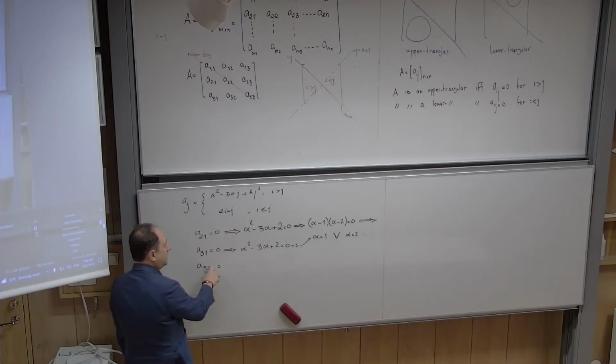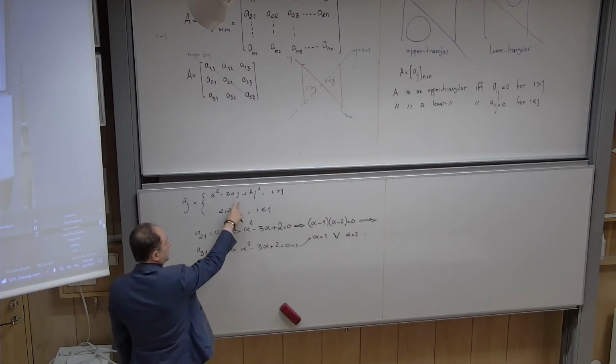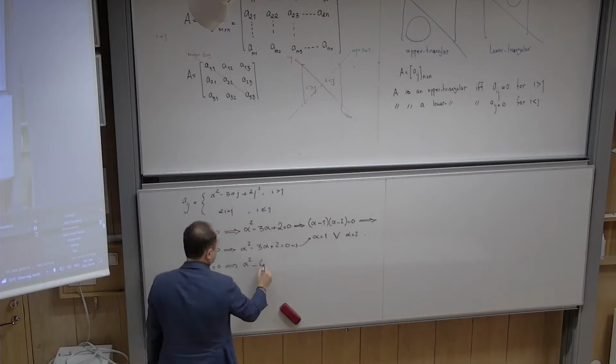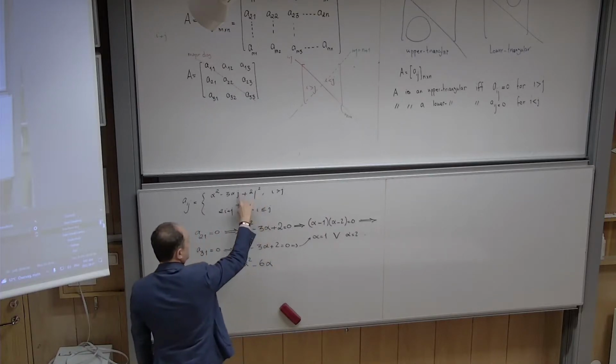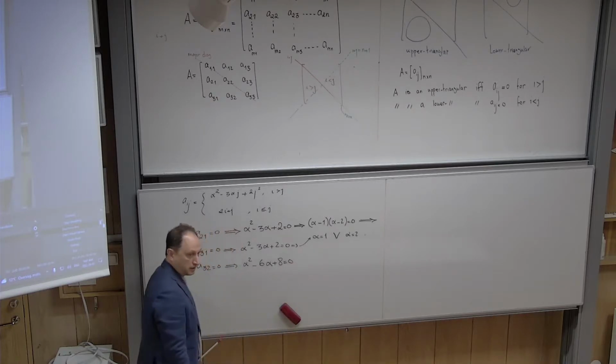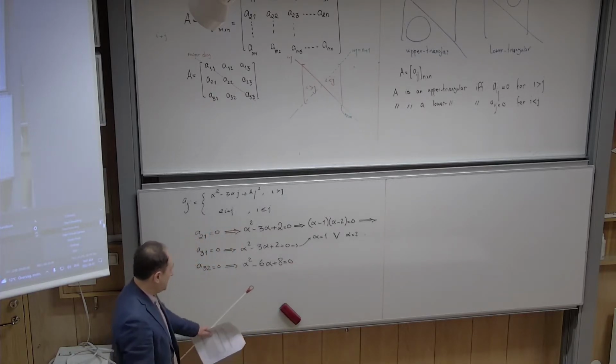But still, I have to use this rule because still I is greater than J. So I go to this and I replace J with 2. And then it means that I have alpha squared minus 2 times 3 minus 6 alpha, and then this becomes 8 equals to 0. I should also make this work.